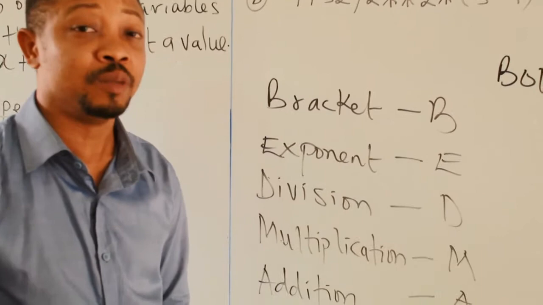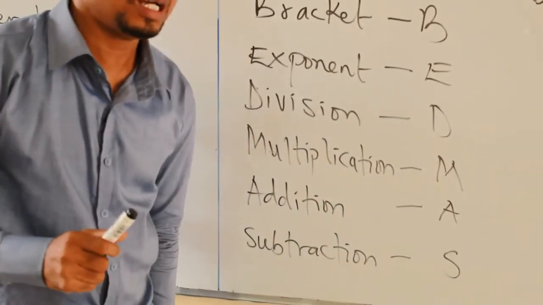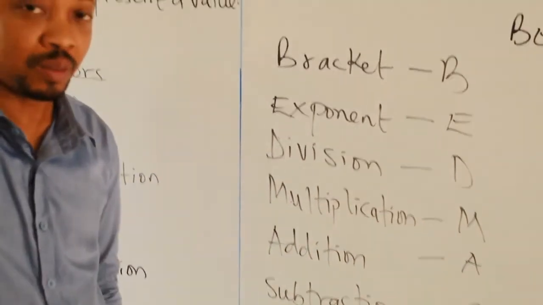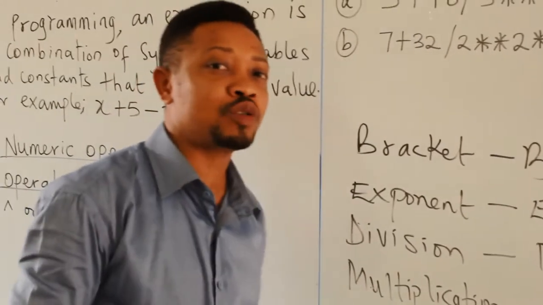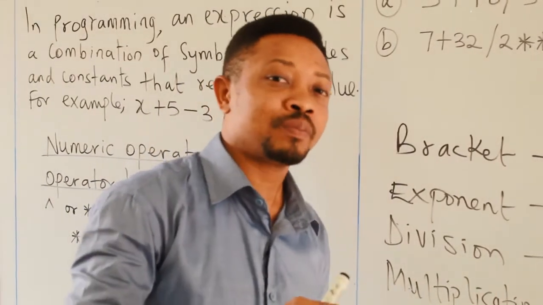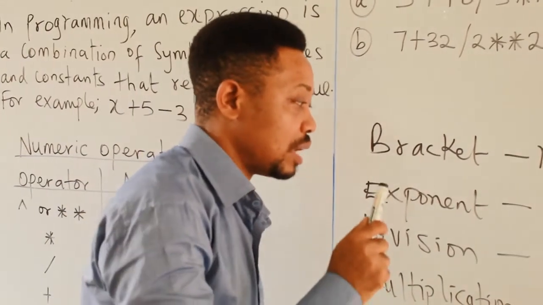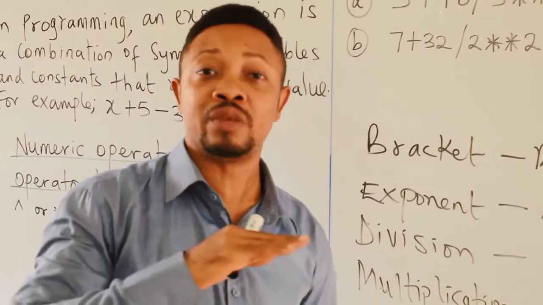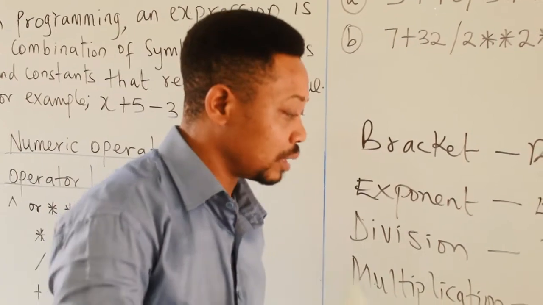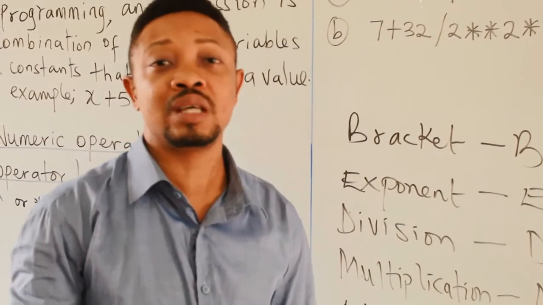Now, note something: while solving these problems, you may happen to have the same hierarchy. Division and multiplication are of the same order, and addition and subtraction are of the same order.